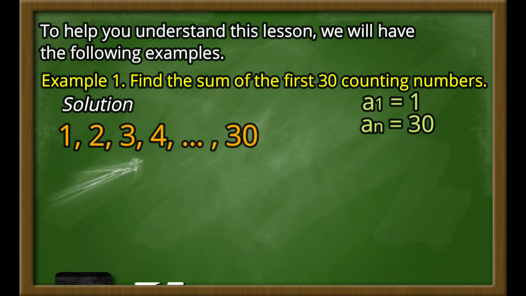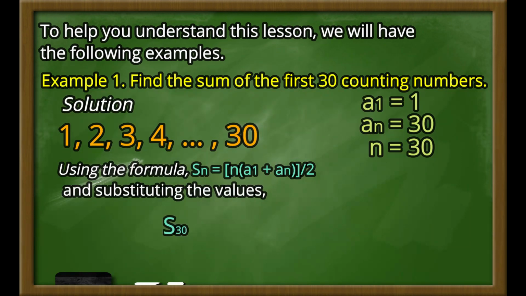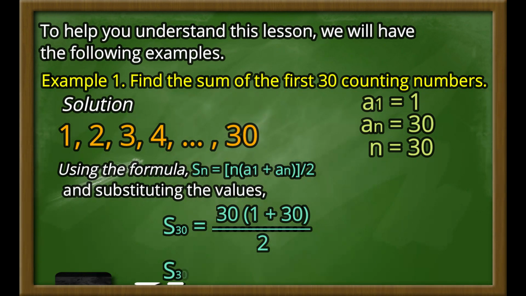And the number of terms, since we are dealing with the first 30 counting numbers, is 30. By using the formula and substituting the values, we have S of 30 is equal to 30 times the quantity 1 plus 30 all over 2. The sum of the first 30 counting numbers is therefore 465.